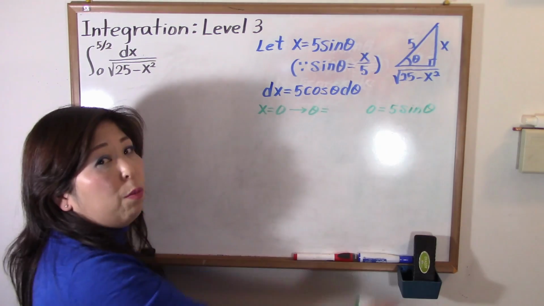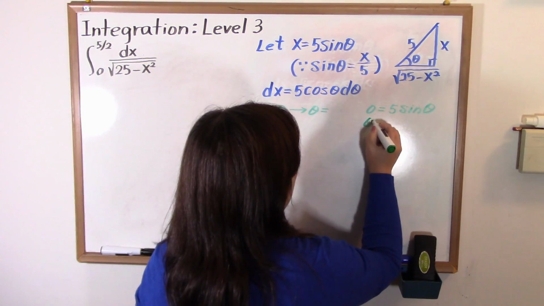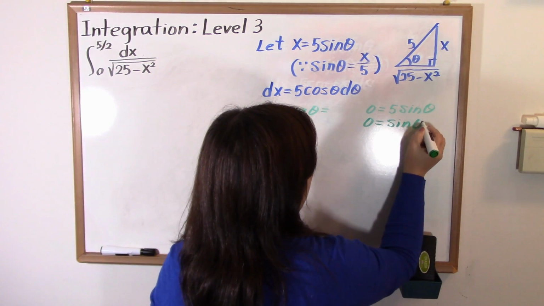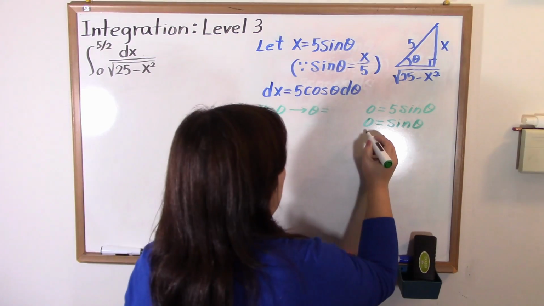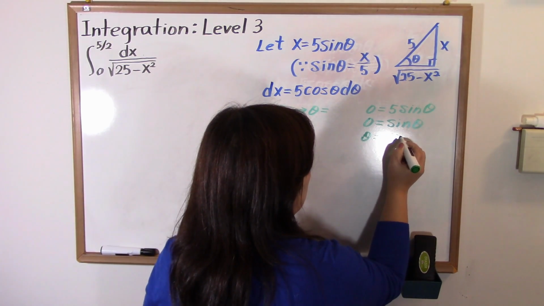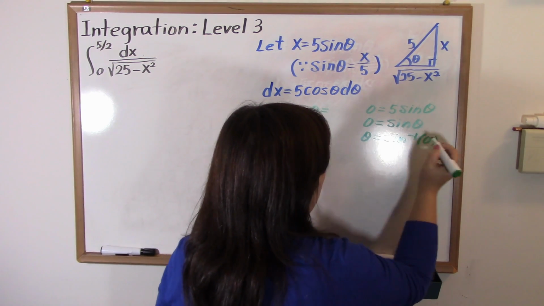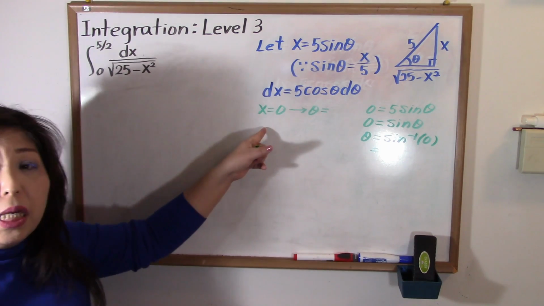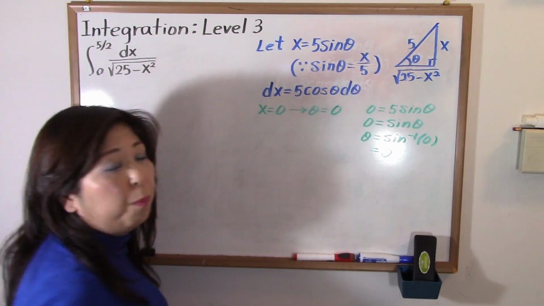So we're going to divide both sides by 5. So 0 is equal to sine theta, right? And now, what is theta? Theta is equal to inverse sine of 0, which is 0. So, when x is equal to 0, theta is equal to 0.